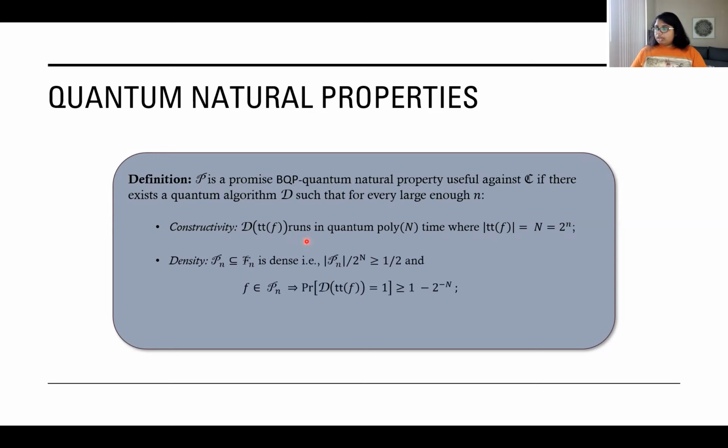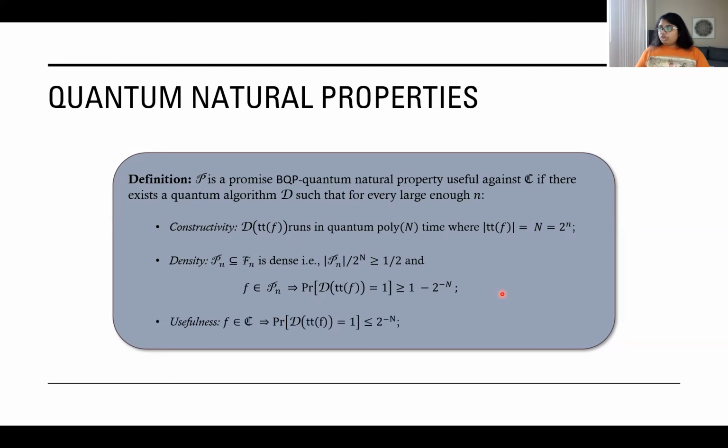There is a density question involved. So you want to say that if there are 2 to the 2^n possible Boolean functions that take n bits as input, then at least half of them should satisfy this property. And here, satisfying the property essentially means that with very high probability you accept if you satisfy the property.